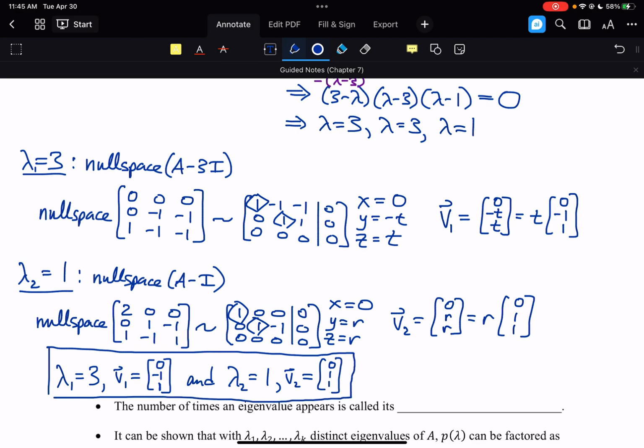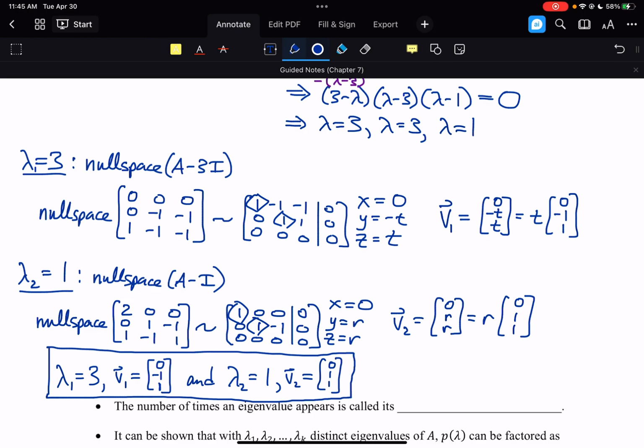So we can notice here that that first eigenvalue, the 3, it appeared twice in this equation, but it still only produced one eigenvector, and that's okay.